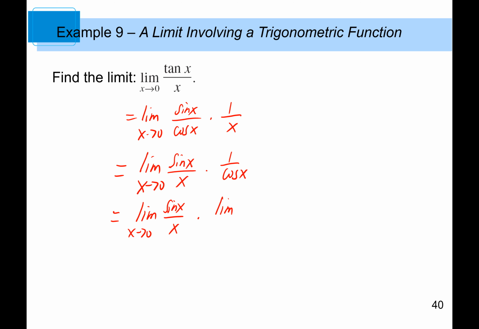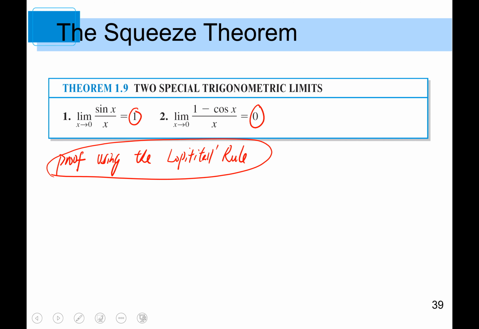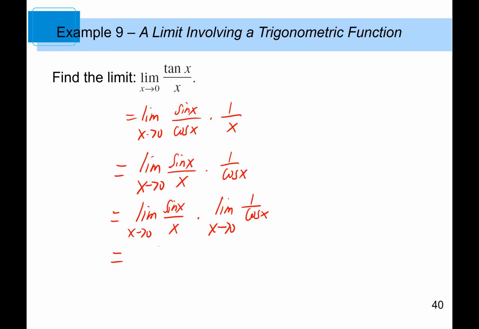And from the previous slide, we know that the limit of sine x over x equals 1, right? So this is basically 1 times the limit as x approaches 0 of 1 over cosine x, which is 1 over cosine 0, and cosine 0 is 1, so it's 1 times 1 gives us 1. So the final answer is 1.